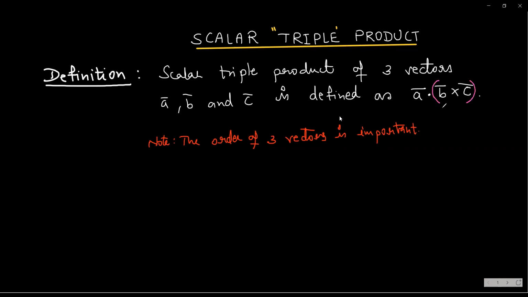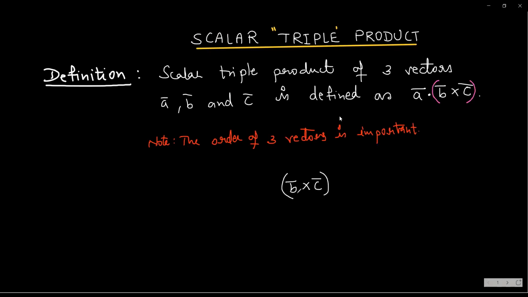That is, it is the cross product of B bar and C bar which you have to get first. What does it mean? It means you have to get the cross product of B bar and C bar first, which will give you a vector.